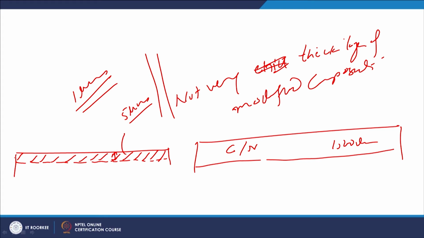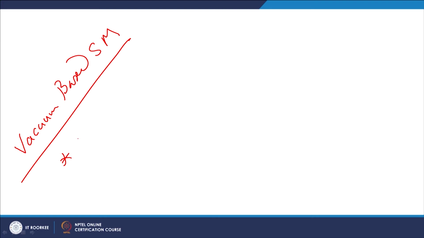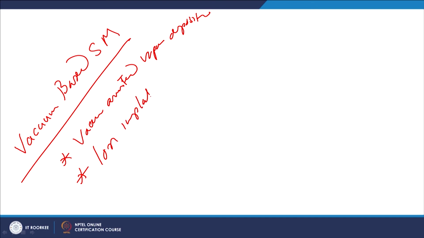So the common surface modification processes where vacuum is used, we can say the vacuum based surface modification techniques: one is vacuum assisted vapor deposition, and then ion implantation is another process where nitrogen or argon ions are normally used. In that case it is termed nitrogen ion implantation.